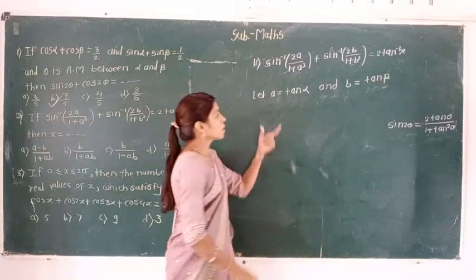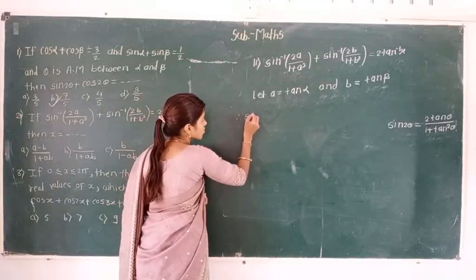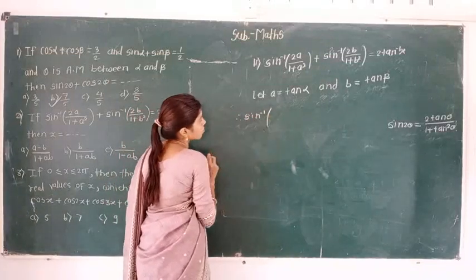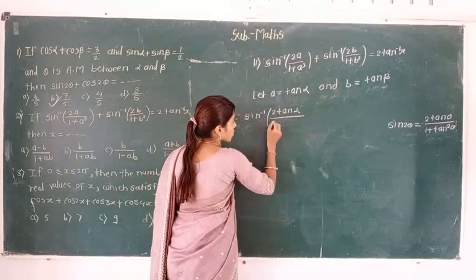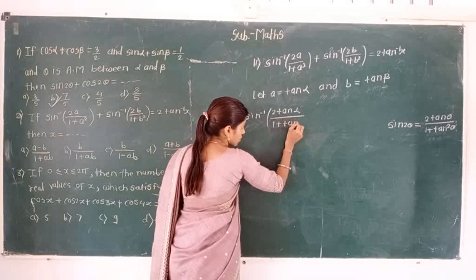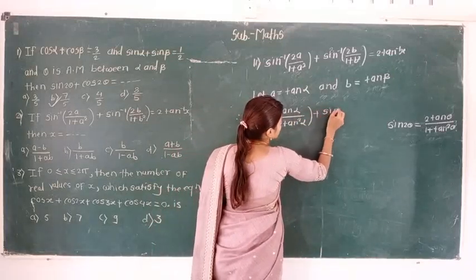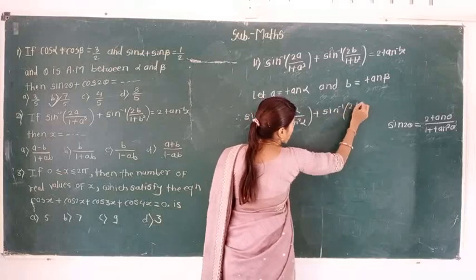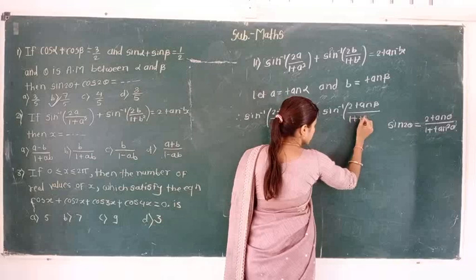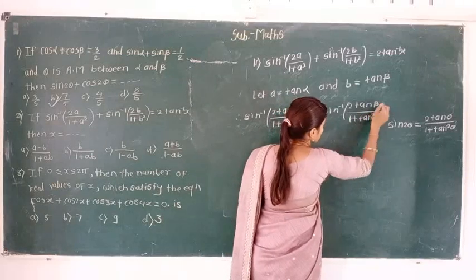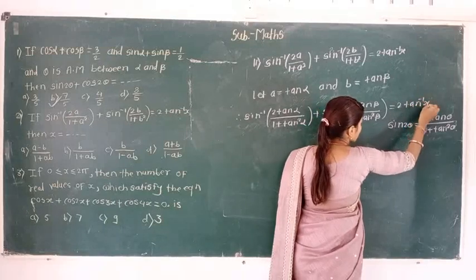Now by substituting these two values we can write the given equation is sin inverse in bracket 2 tan alpha divided by 1 plus tan square alpha plus sin inverse 2 tan beta divided by 1 plus tan square beta is equal to 2 tan inverse x.